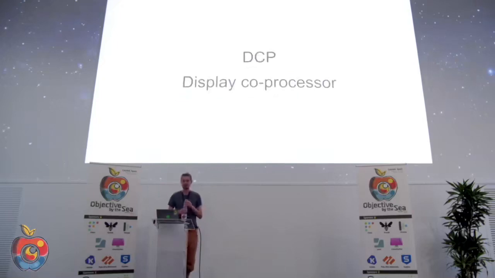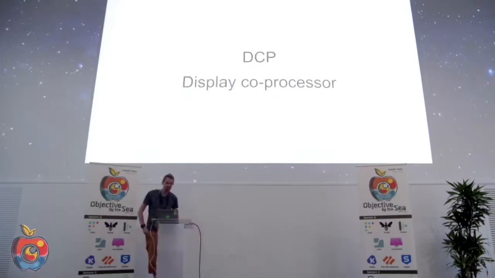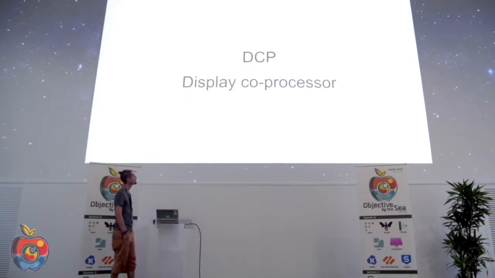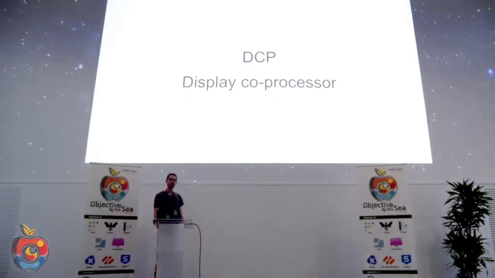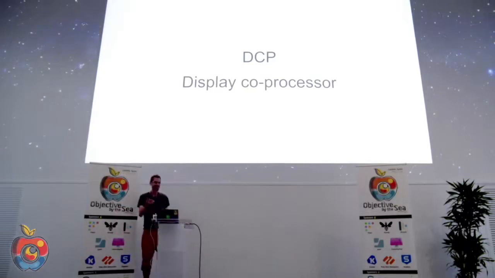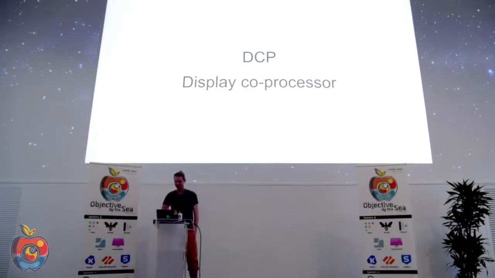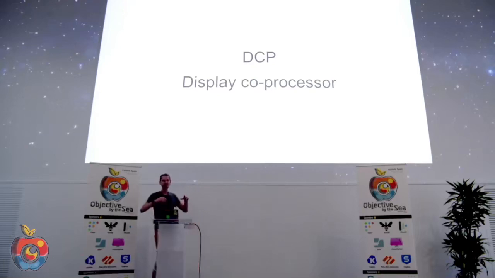So what is the DCP? The DCP is the display coprocessor, introduced with the M1 Max and the iPhone 12 and 13. I'm subtly looking at the Apple people in the audience to make sure I get the versions correct. It's an ultra low-level bitmap coprocessor.